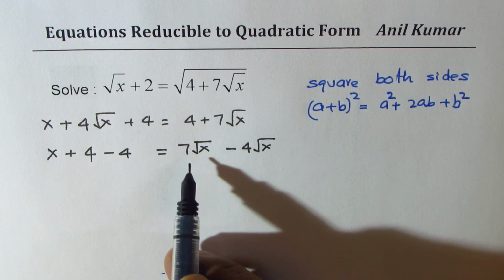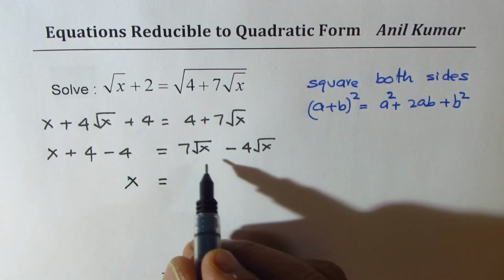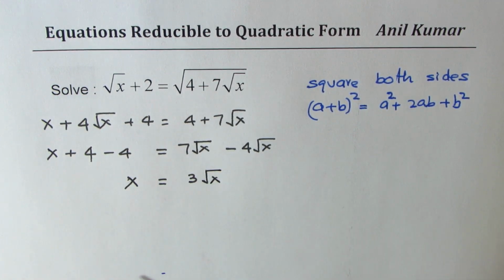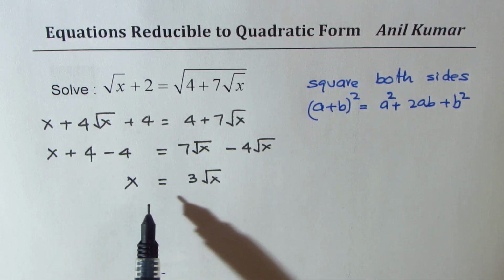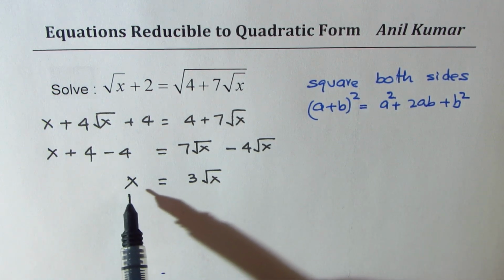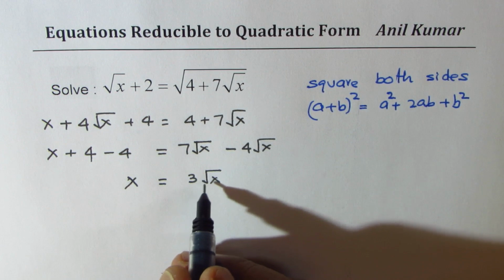So rearrange to solve for square root x. So that gives you x equals 7 minus 4, which is 3 square root x, correct? Now it will be a mistake if we cancel out square root x. You lose one of the answers. So at this stage, what we should do is rearrange it.